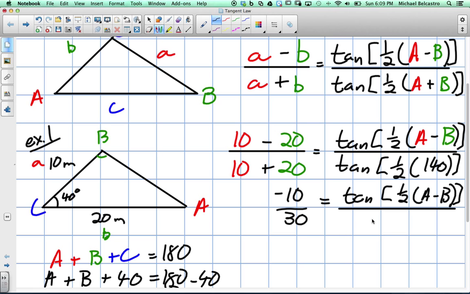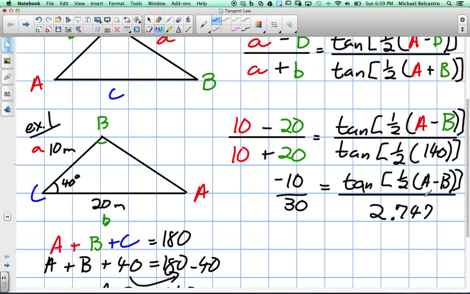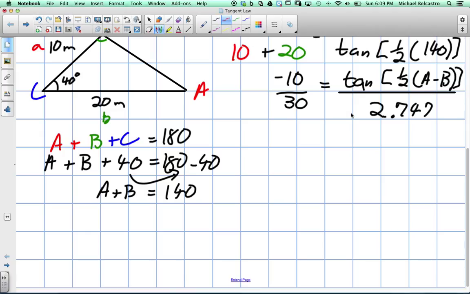Okay, 2.747. And we're going to isolate our tan on this side. We're just going to use simple algebra to isolate A minus B. So we would bring our 2.747 to the other side, and we'd multiply when we do that. So this becomes negative a third multiplied by that number.